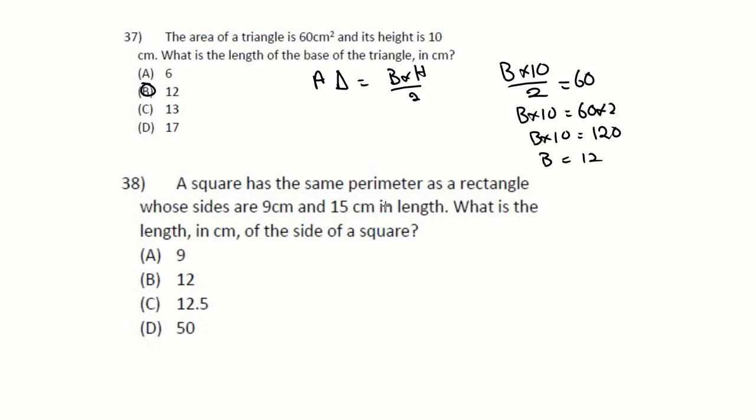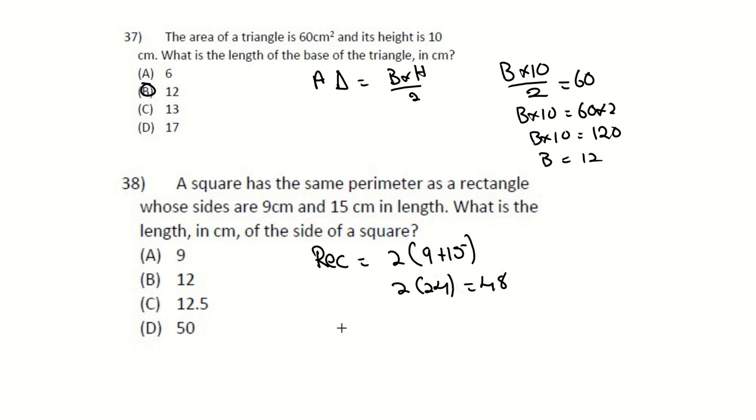A square has the same perimeter as a rectangle whose sides are 9 and 15. So first let's find the perimeter of the rectangle. The perimeter of a rectangle would be 2 by 9 plus 15. 9 plus 15 is equal to 24. 2 by 24 is equal to 48.